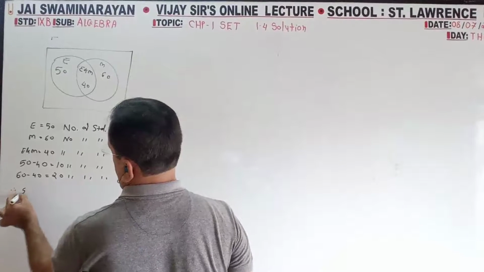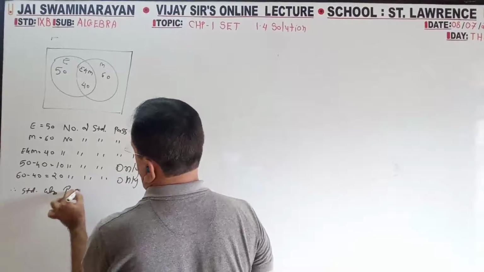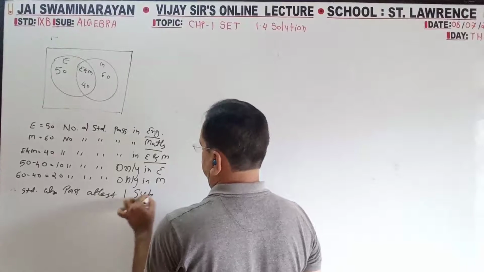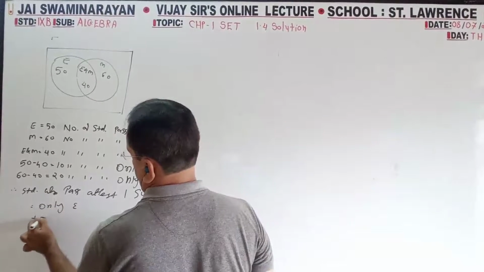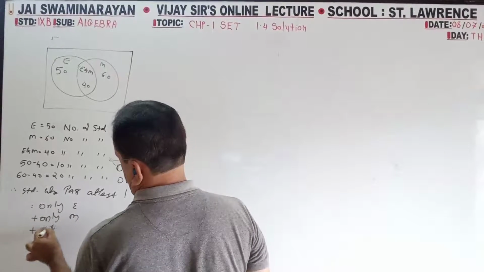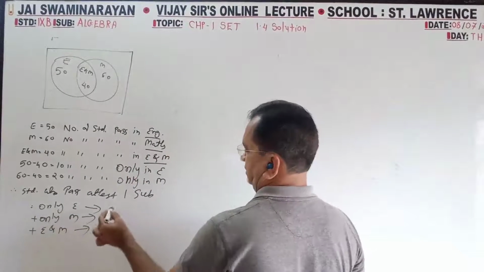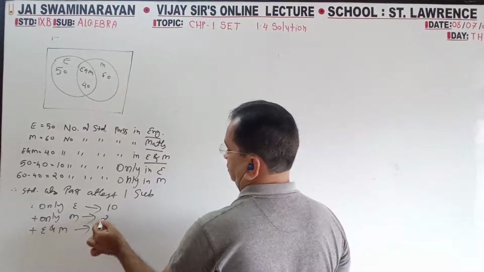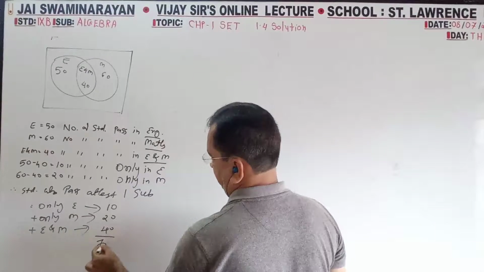Therefore students who pass at least one subject are only English, only maths, plus English and maths. That is, only English 10, only maths 20, and both 40. So these are 70 students.